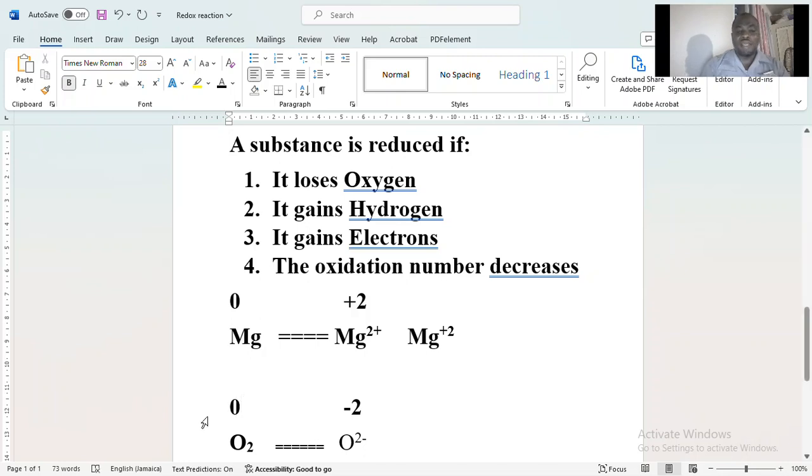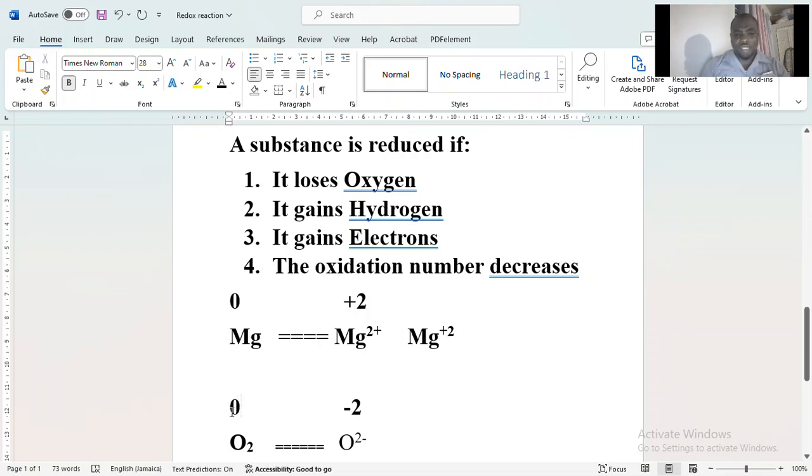So right here, these two oxygen atoms, they're bonded to each other because this is really a covalent compound, but they're not bonded to a different element. So the oxidation number is 0.